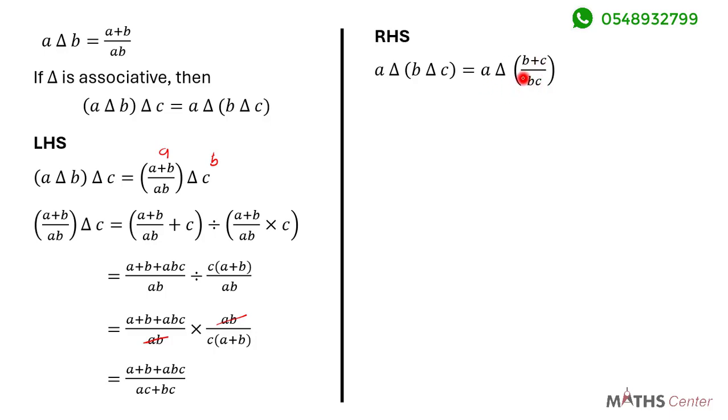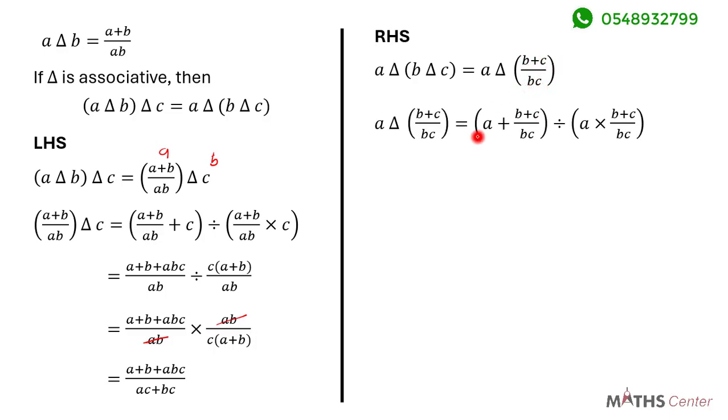Now let's compute this. So we will compare this to the definition. From the definition, we have a delta b is equal to a plus b divided by ab. So we will compare a delta b plus c divided by bc to a delta b. When we do the comparison, we can see that a is a and b is b plus c divided by bc.